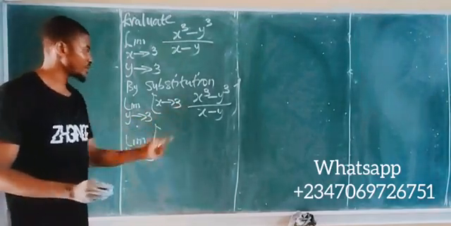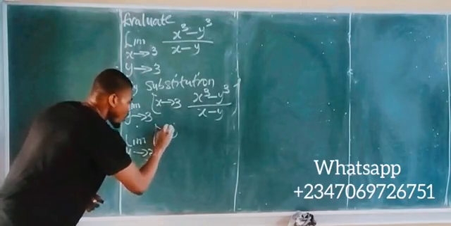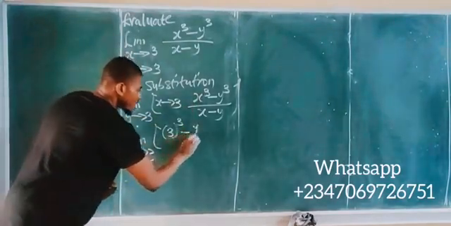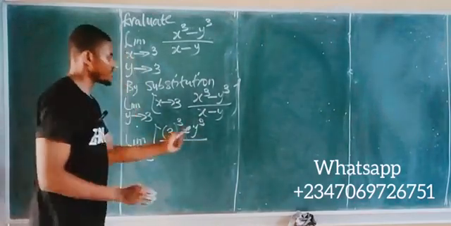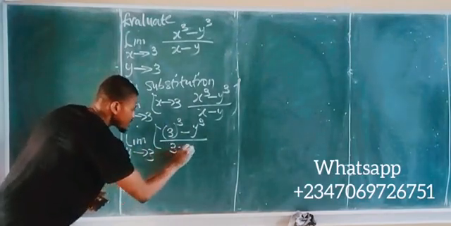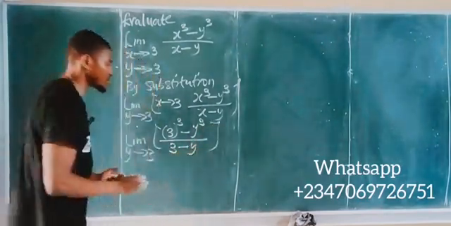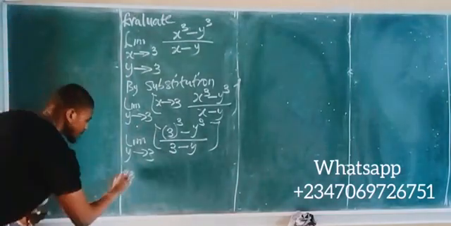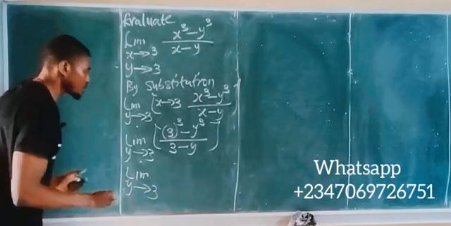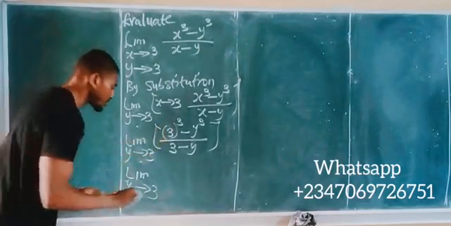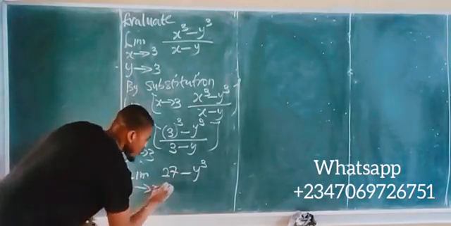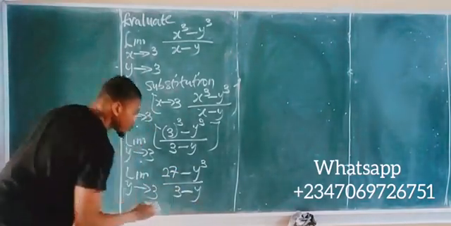So x cubed becomes 3 all cubed, minus y cubed, all over 3 minus y. Of course 3 cubed is simply 27, minus y cubed, all over 3 minus y.